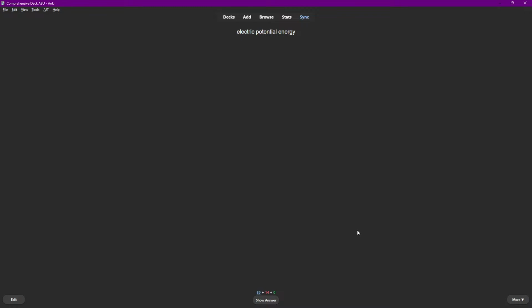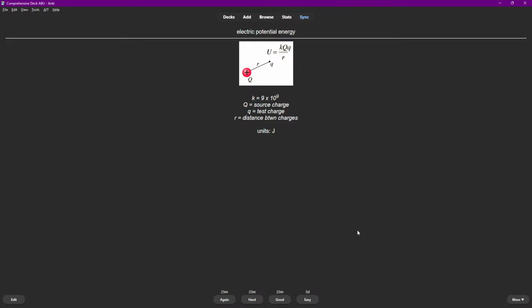Electrical potential energy. Guessing 1/2 QV squared. U is equal to K Q Q over R. So think electrical potential energy is equal to coulombs without squared.